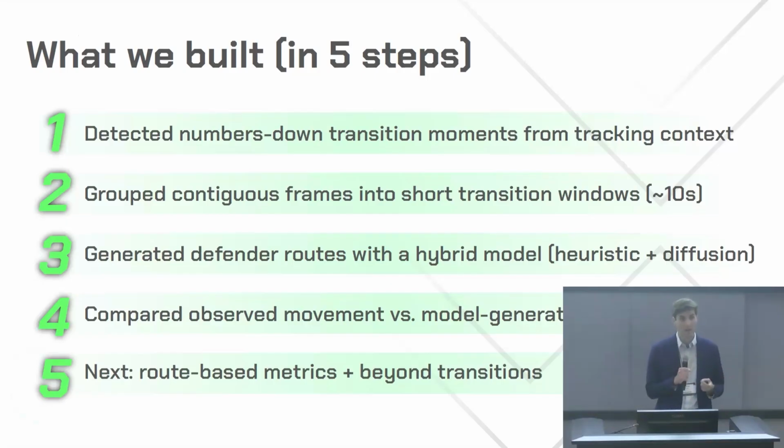Then we generate feasible defensive routes using a hybrid approach, a heuristic baseline and a diffusion model. From there, we can compare what the defenders actually did versus what the model suggests is available, so we have realistic suggestions from the same exact situation. And this all feeds into our big picture about what it enables next, turning routes into scalable metrics and extending this idea beyond a counterattack.